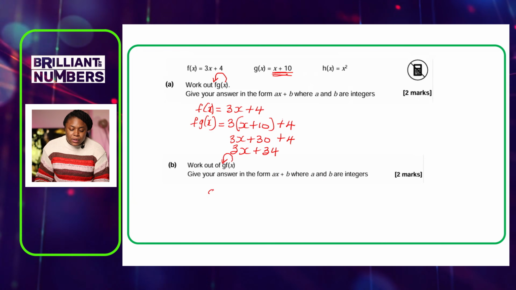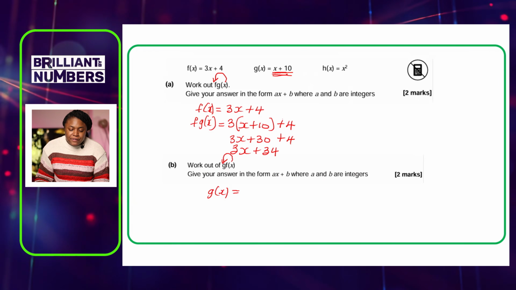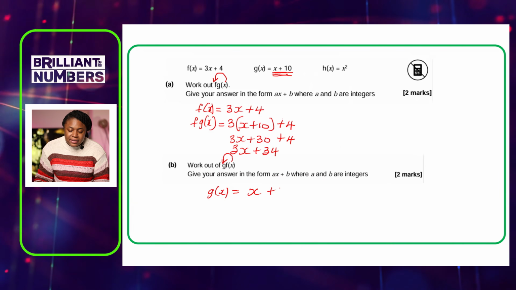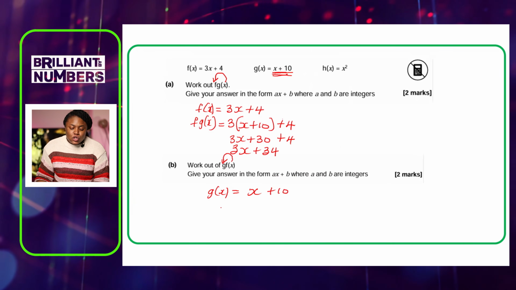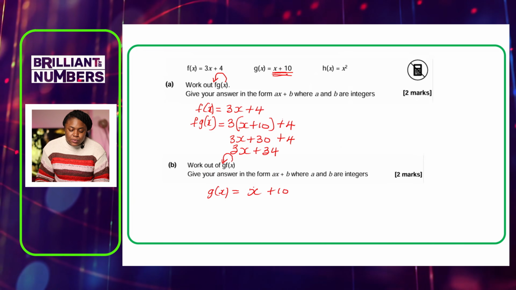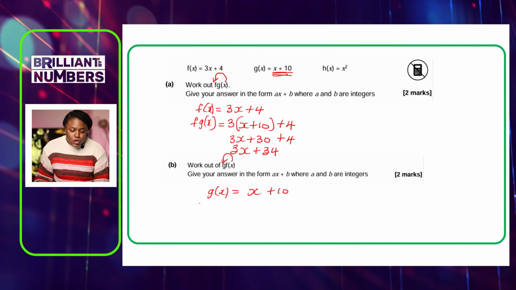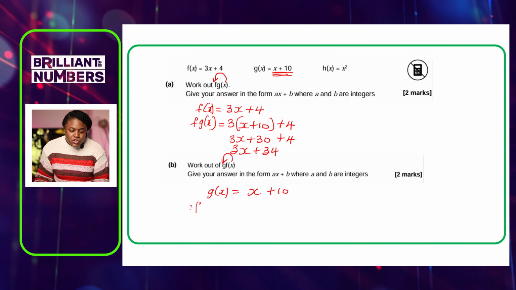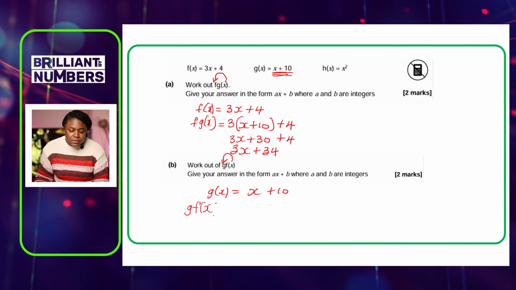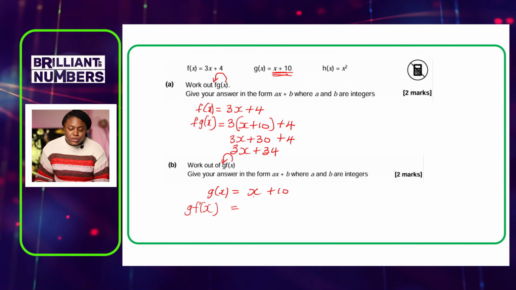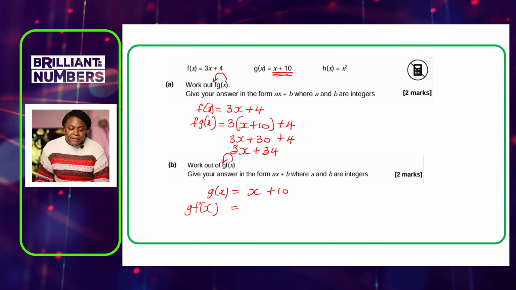So we're going to write what is g of x. G of x is equal to x add 10. We can see that here. So where x is in this one, we're going to replace all of f in that function. So f g of f of x will then be equal to, so I'm going to put the value of f of x here.